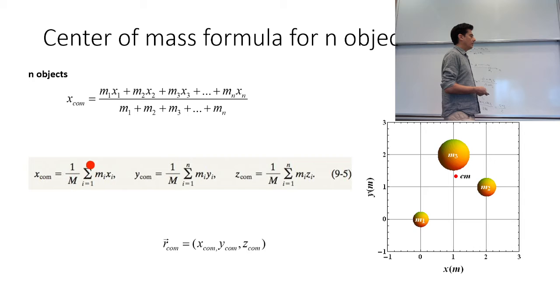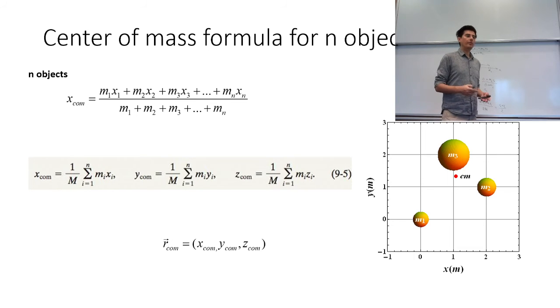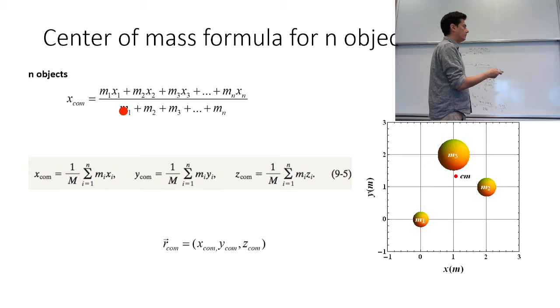This is saying sum over all the different masses, mi xi, and then this big M here, sorry I didn't define it, is just the total mass of the whole system. So it's the same as this denominator here.